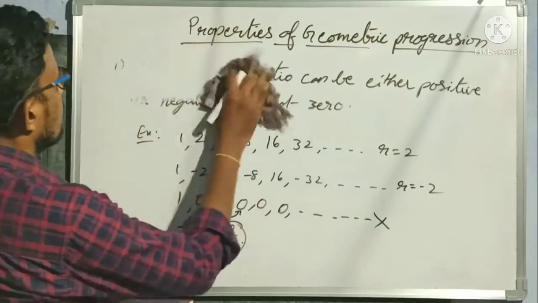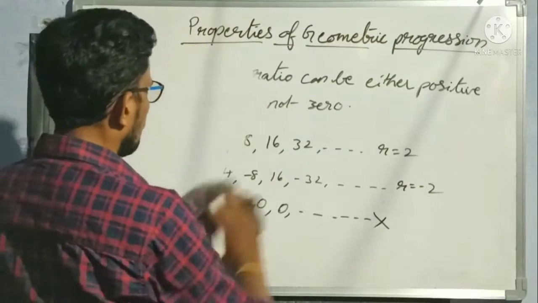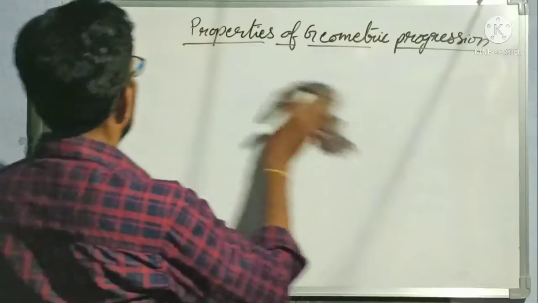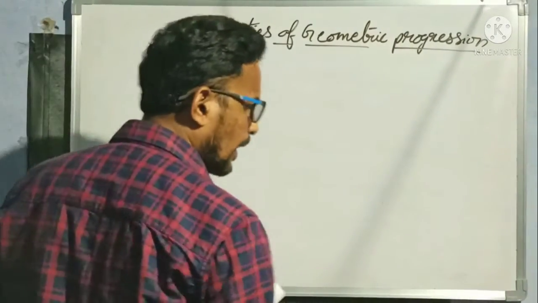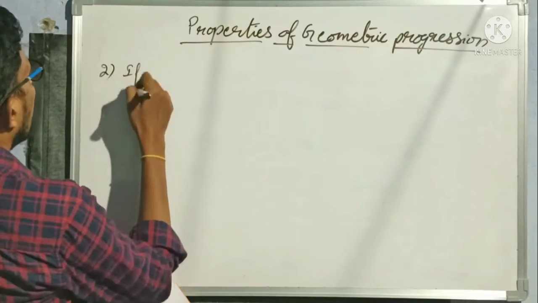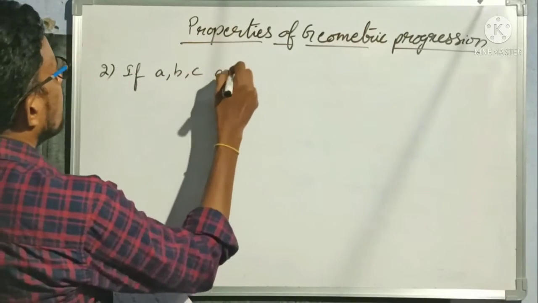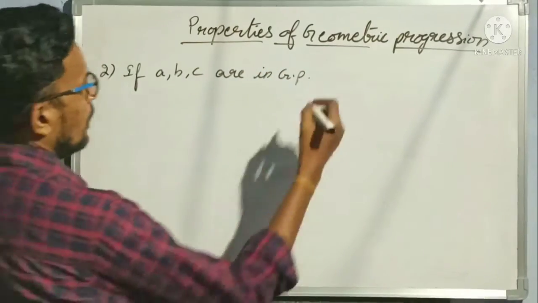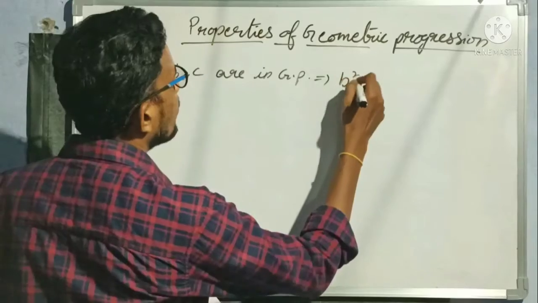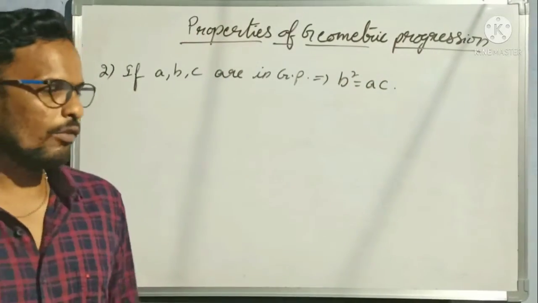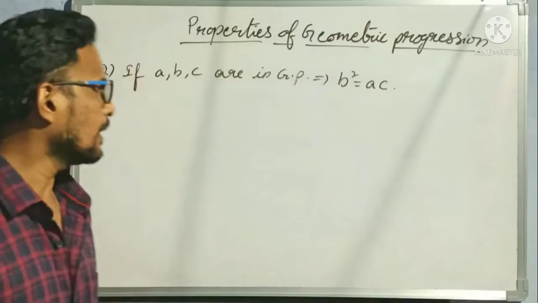Okay, next, second property. What is the second property? If A, B, C are in GP, meaning geometric progression, this implies definitely this condition should be satisfied, that is B square is equal to AC. How is it satisfied? Listen, let us understand.